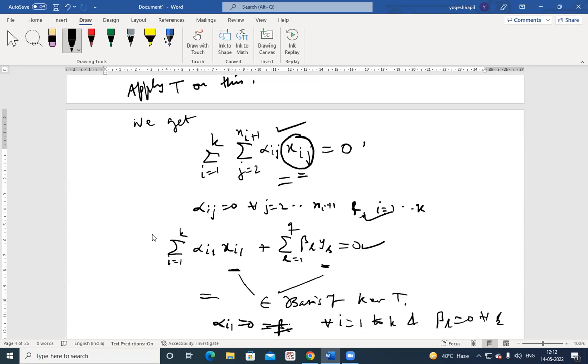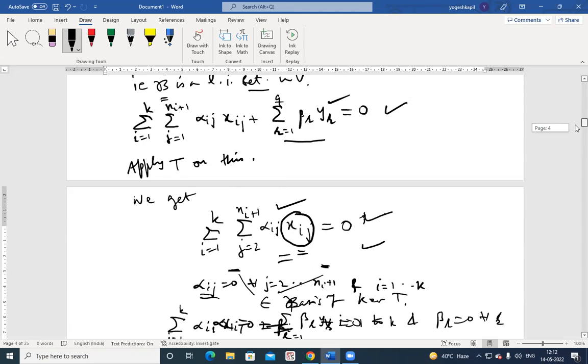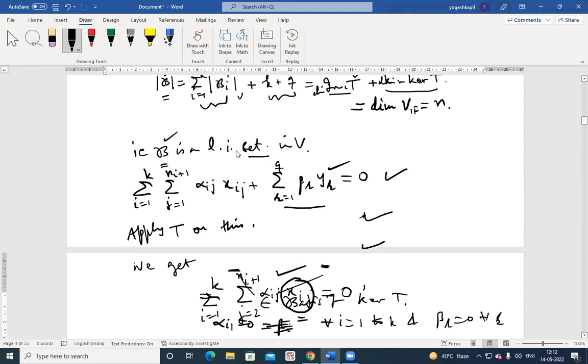That means this set we have taken here, B, is a linearly independent set. All right.